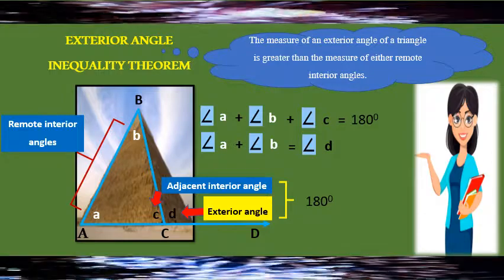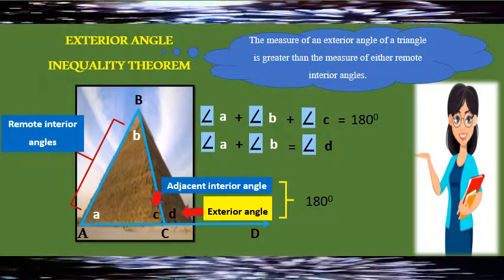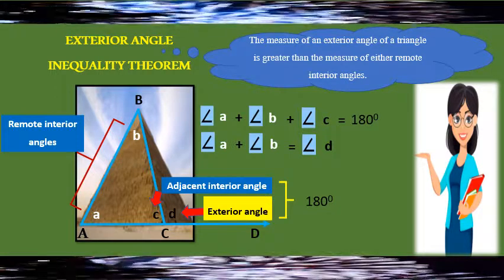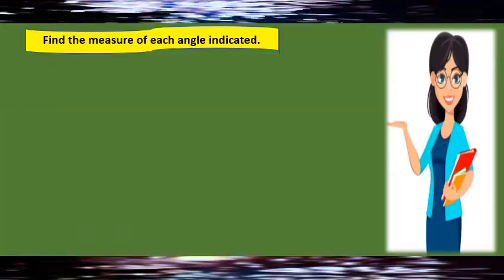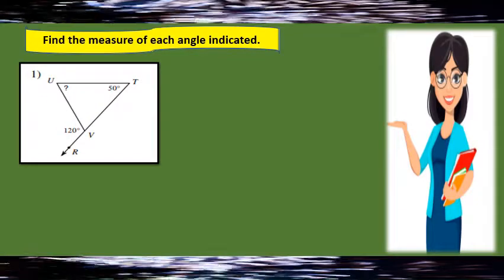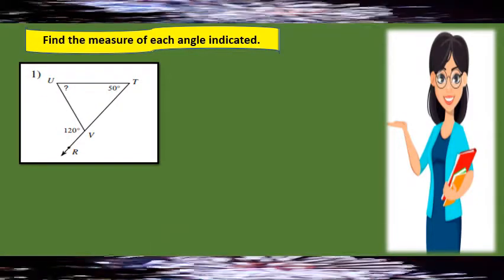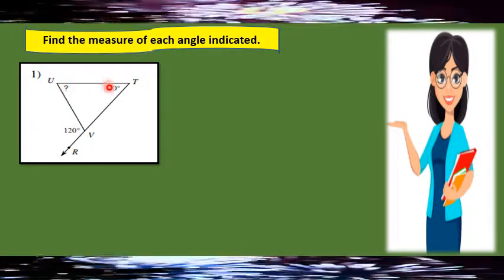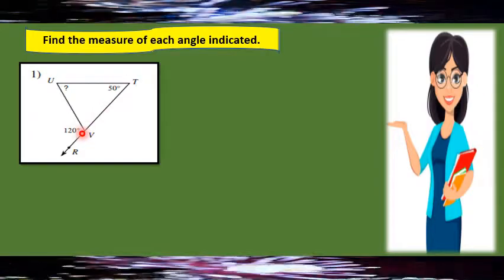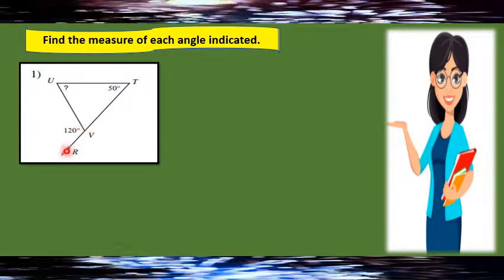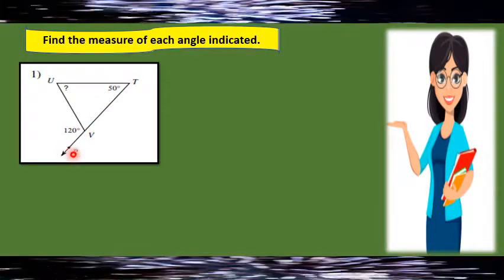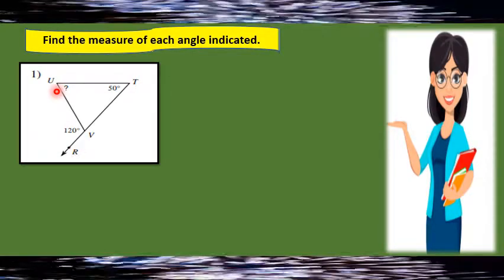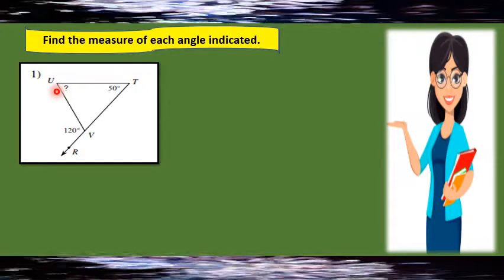Let's go on to another example. Let's explore the exterior angle inequality theorem. Find the measure of each angle indicated. For number one, angle U is missing, and we have angle T and angle V, and the extended line for the exterior angle is angle R. Angle U is considered a remote interior angle.